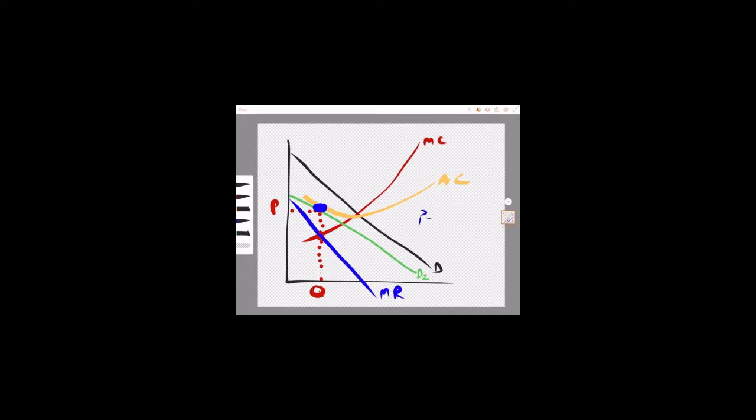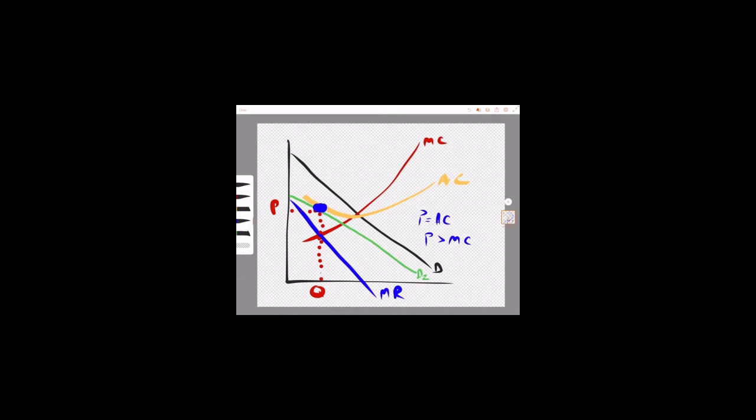So we have price equal average cost for this firm. So they're covering their costs, but price is above marginal cost. So they are charging a markup, but they aren't observing long-run profits because now price equals average cost.